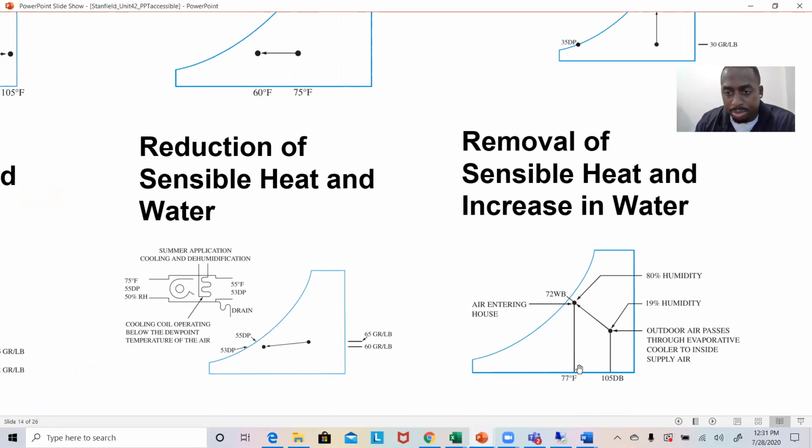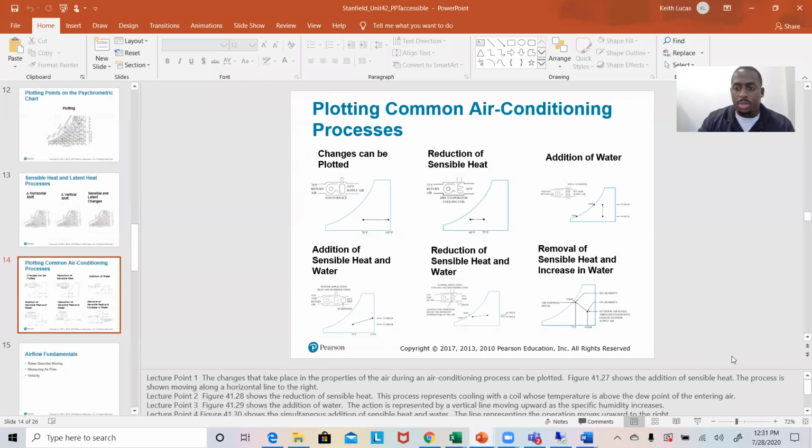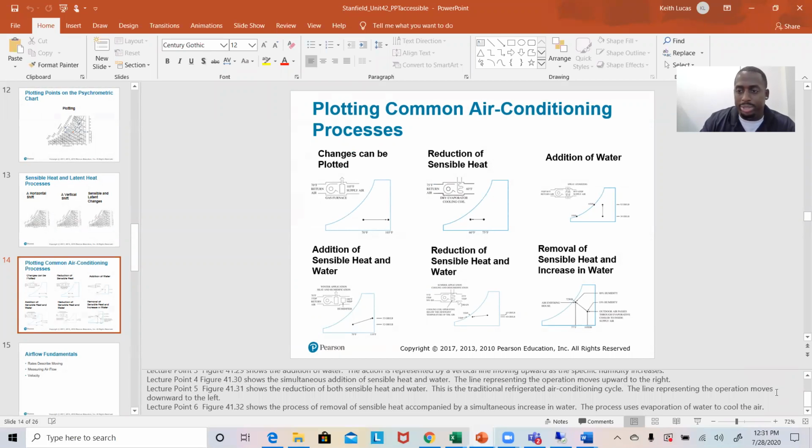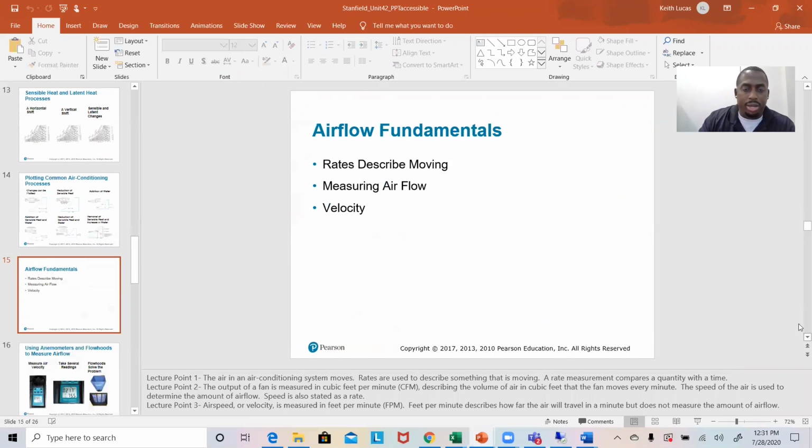So we went from 19% humidity to 80% humidity, with the temperature going from 105 to 77. So this will be the process of removing heat and increasing the water. So those are different processes that you can see on the chart.